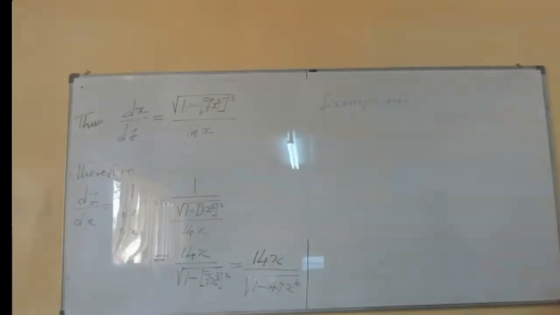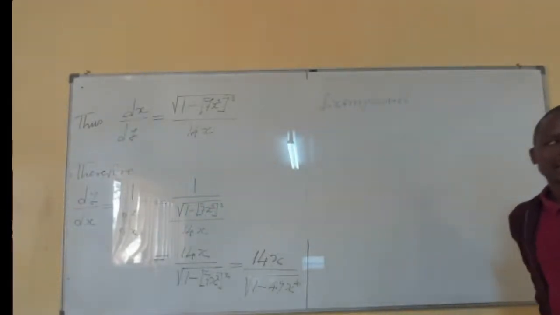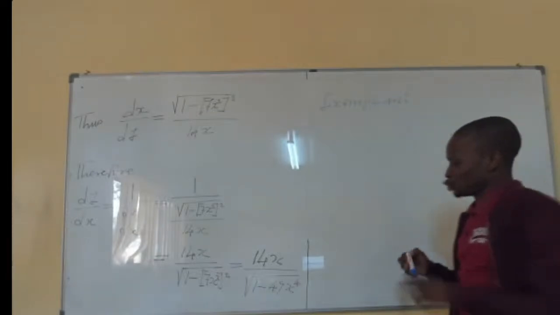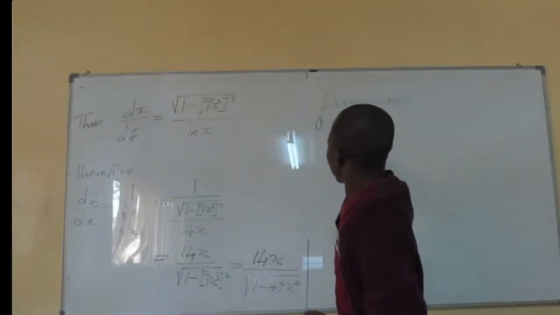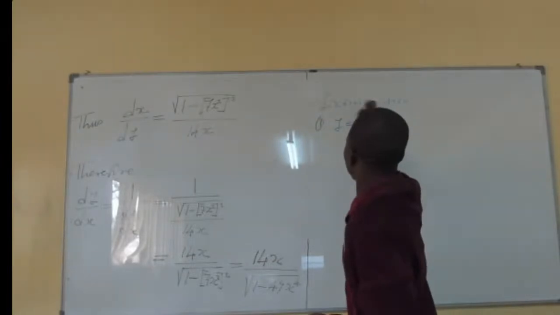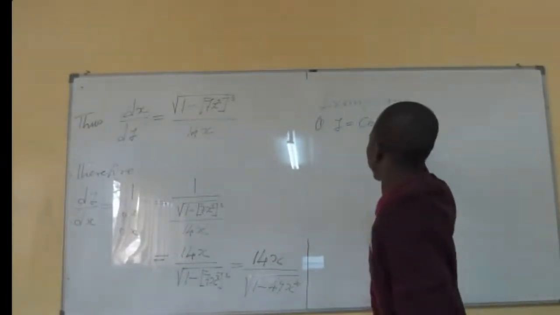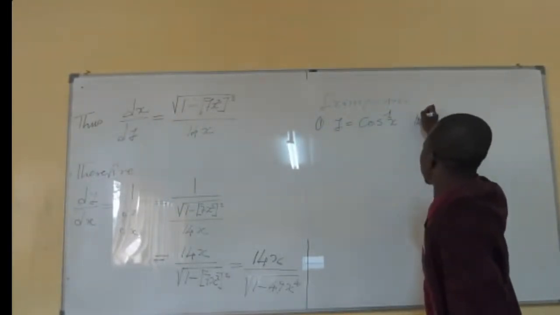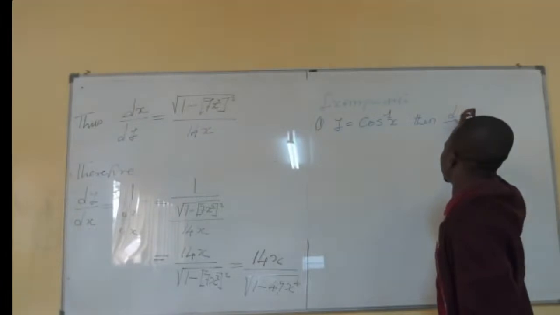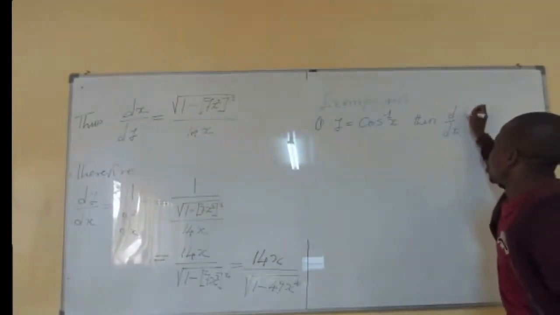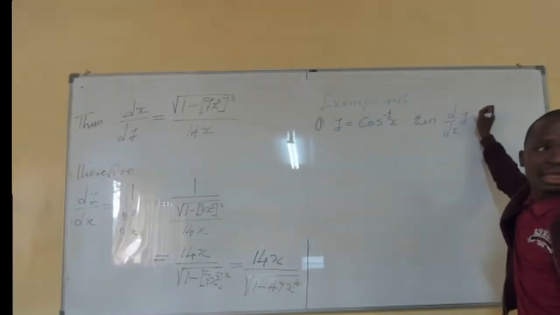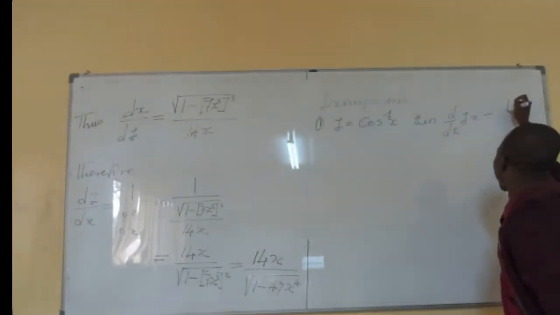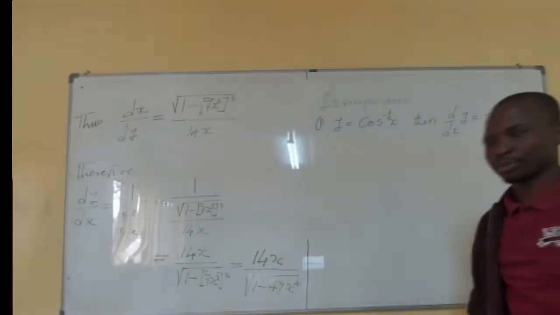This example says, show that if we have a function y equal to the inverse cosine of x, then the derivative with respect to x of this function y is equal to negative 1 divided by the square root of 1 minus x squared.